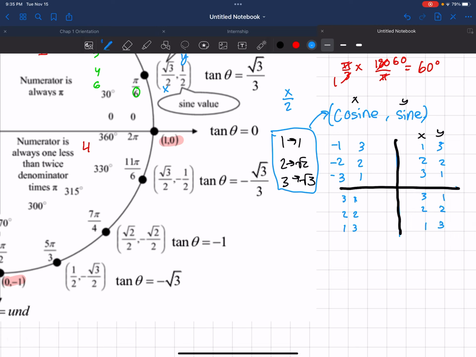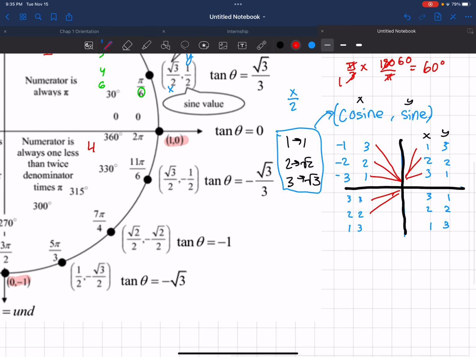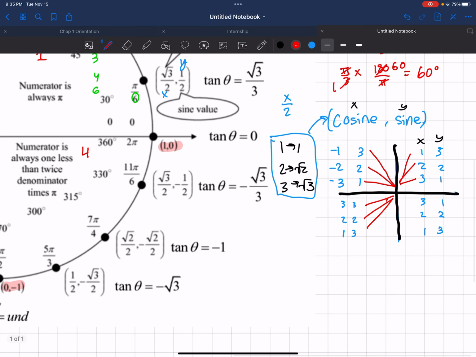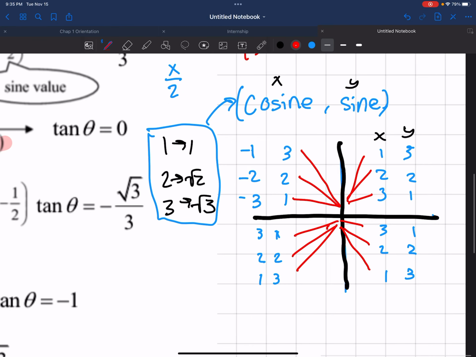Each one of these goes down to the first value, your second, your third, first, second, third. That's how I'm doing these. If that's confusing, okay. I think you understand that part.